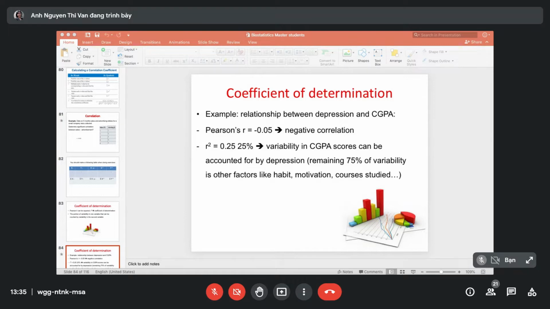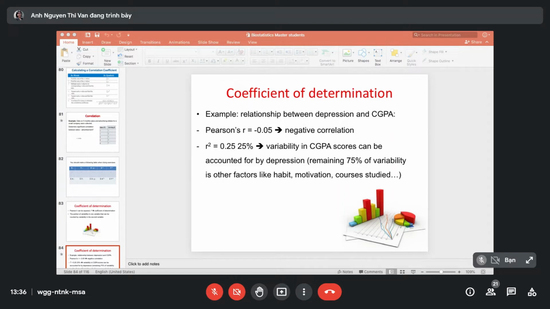The R square value, the coefficient of determination, tells you in quantity how many percent of variability in one variable can be accounted for or explained by the second variable. So the higher the R square, the more one variable can explain the variability of the second variable.